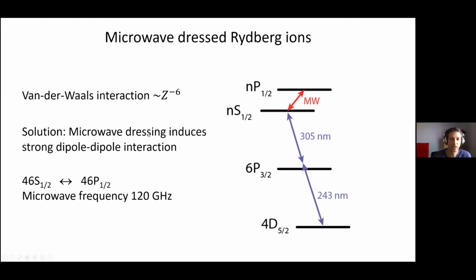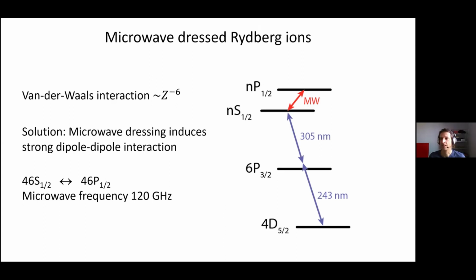If you want a strong dipole-dipole interaction between Rydberg ions, we have to think what we can do to get it. Unfortunately, the usual van der Waals interaction that most people use in Rydberg atoms scales as the core charge to the power of -6. Core charge means the remaining core if we take the Rydberg electron out.